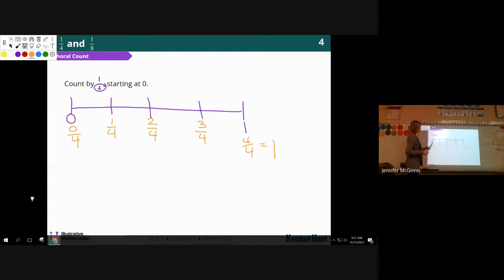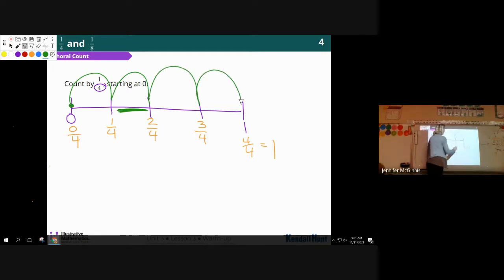Cameron started with 0, and it says count by 1/4. So he drew a number line, and on his number line, he started at 0. Here's 1/4. How much is this here? 1/4. So here's another one, which is 2/4, and then 3/4, and then 4/4.